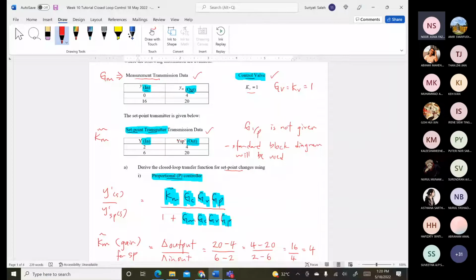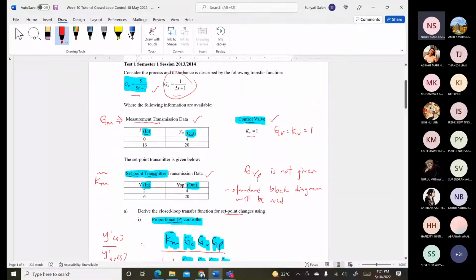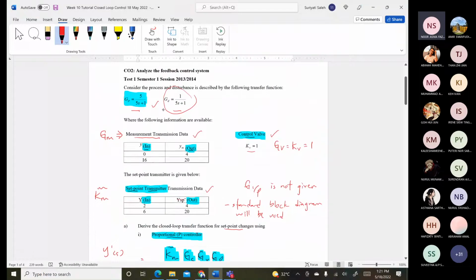So no GD here because this one is for the set point changes. Please do not add the GD inside the equation. This indicates whether you understand the problem or not. Based on my experience, students sometimes wonder what to do with this GD, so they just include it inside the equation, and that approach is clearly wrong.